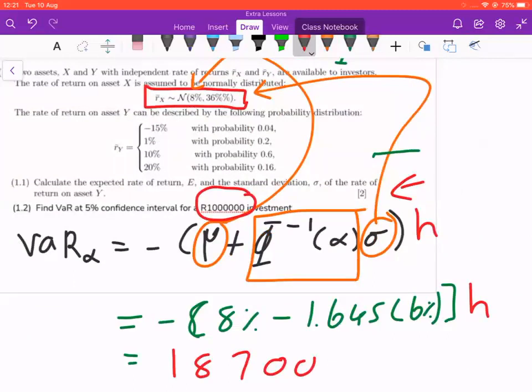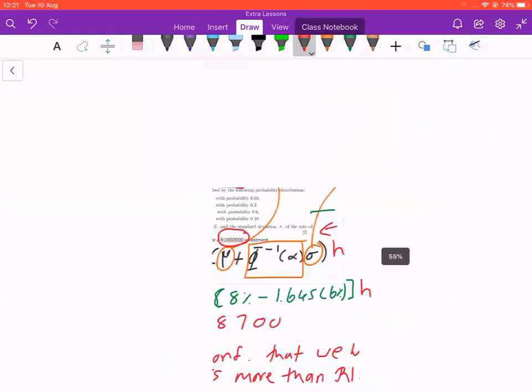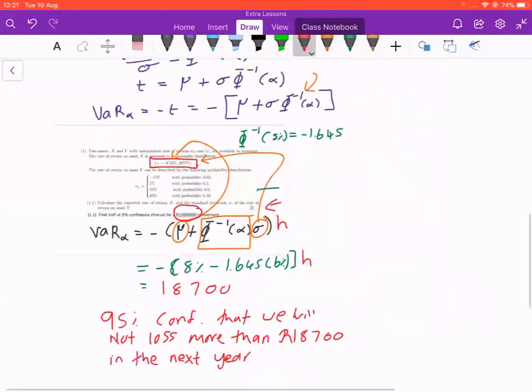So there's another question for y, which is discrete. I am going to do it now.